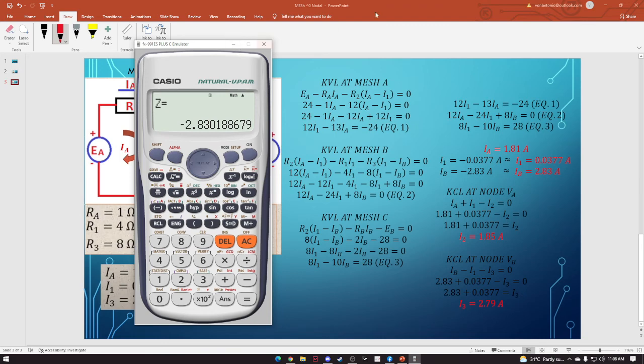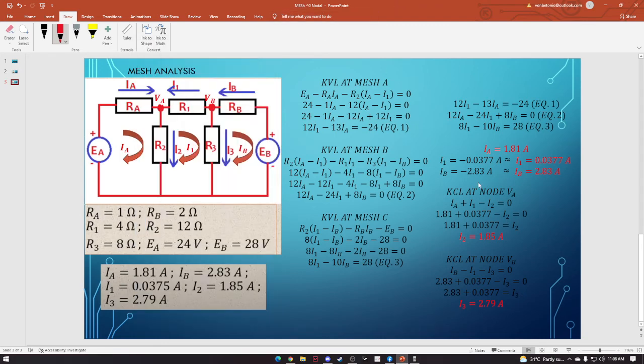So for solving the node VA, we're going to apply the KCL at the node VA.